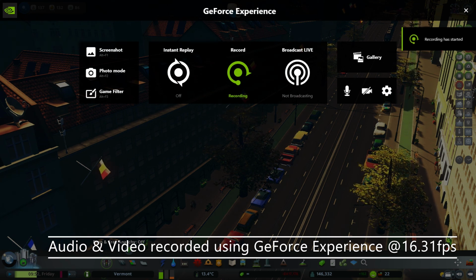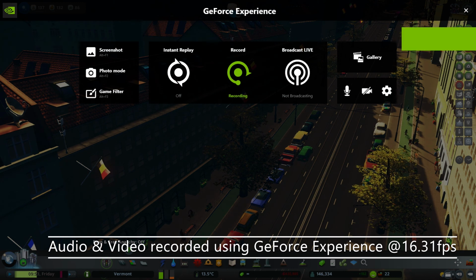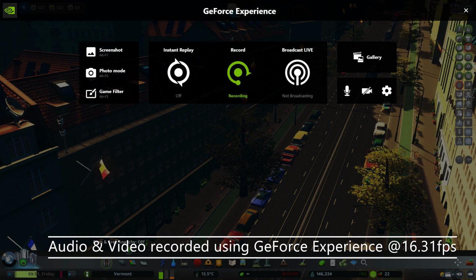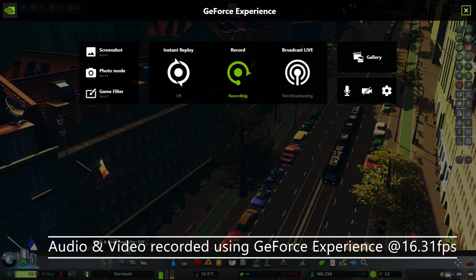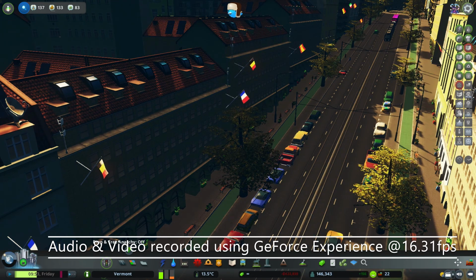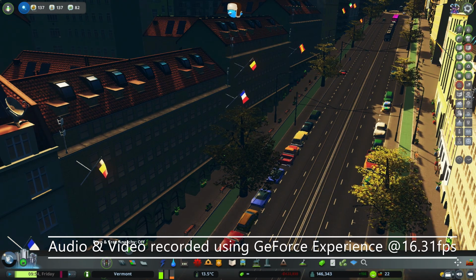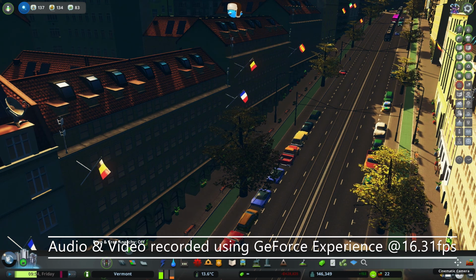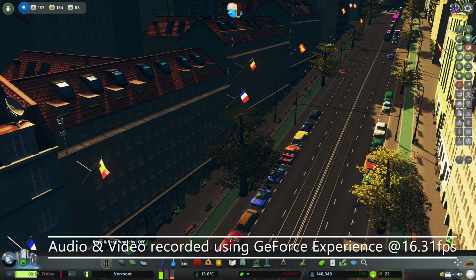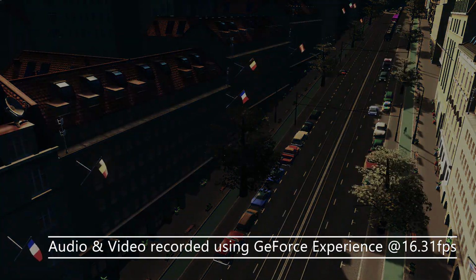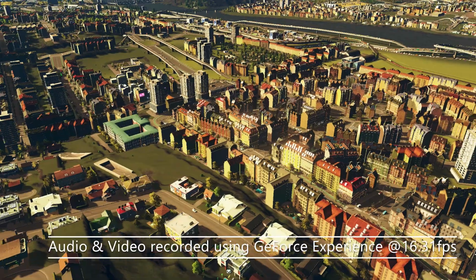Okay, so I've started using the GeForce Experience now. Let's see how this handles the recording. So again, we are recording. We're just going to pop into the old cinematic mode, although annoyingly the GeForce buttons are right in the way of a couple of the buttons down the bottom corner.